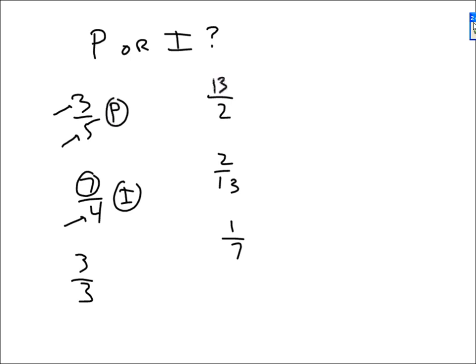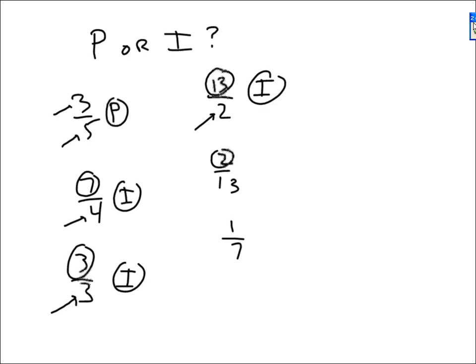The next one, 3 over 3, is improper because the top number is greater than or equal to 3. 13, yes, it's greater than or equal to 2. It's improper. 2 over 13: 2 is less than 13. The top number is smaller than the bottom. That's what makes it proper.